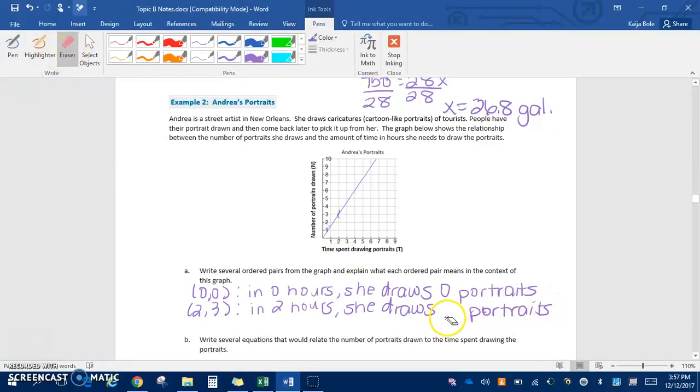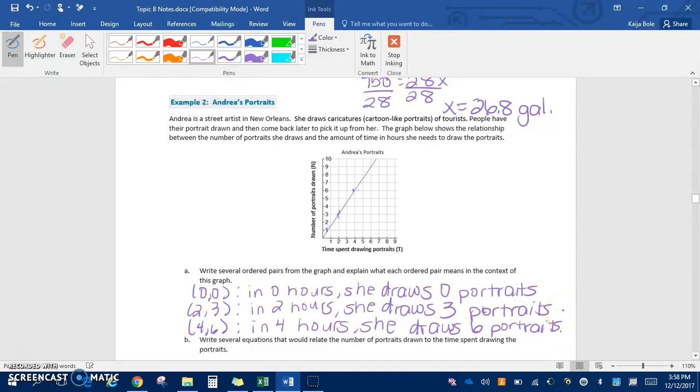Then if we pick another nice one, if we go up a little bit, we're looking at 4, 6, which means that in 4 hours, she draws 6 portraits.